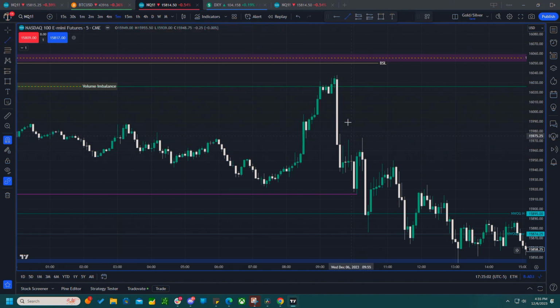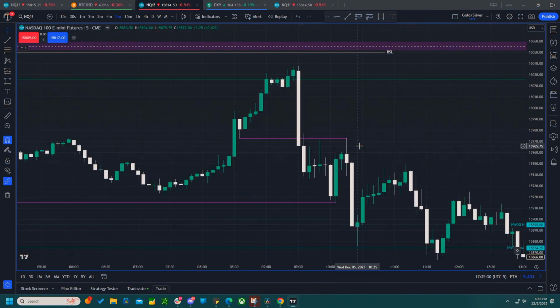So if you look right here, price ran through this fair value gap, and then we see price come back up to it, almost to the tick. This is a clear indication of order flow. We see that order flow is moving down, and it hit to the tick, indicating that we wanted to move lower.